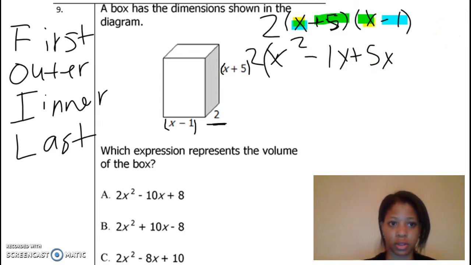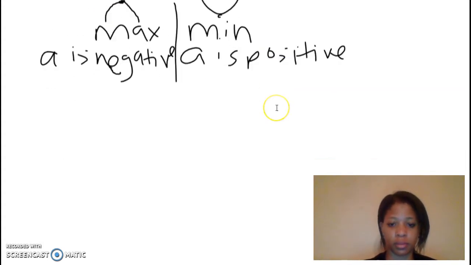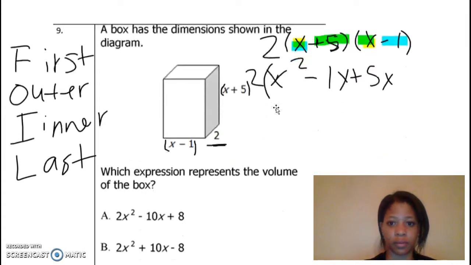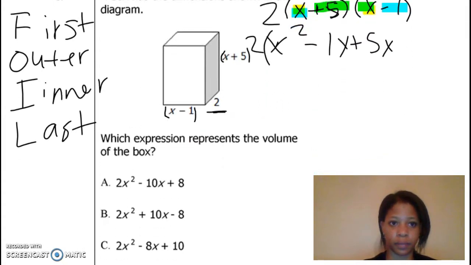And then I'm going to multiply the ones in the last spot. Positive 5, I'll underline it. Positive 5 times negative 1, which is going to be negative 5.